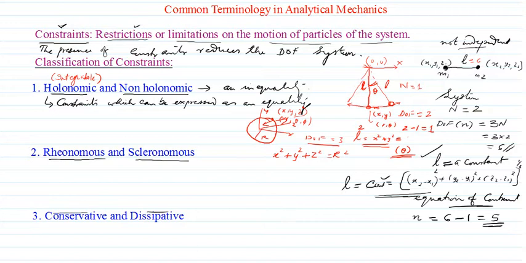So there exists one constraint, and that constraint is expressed as an equation, as an equality. Hence, the constraint present here is regarded as a holonomic constraint.